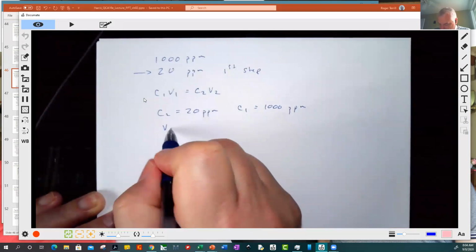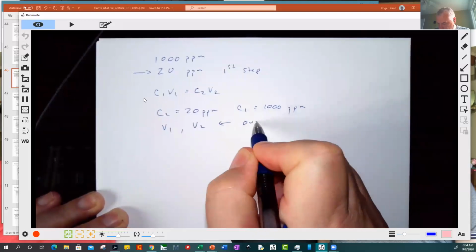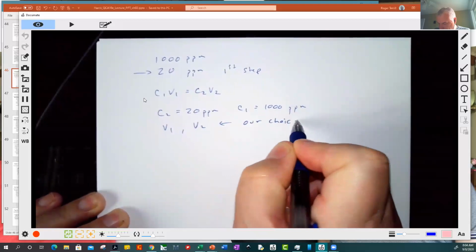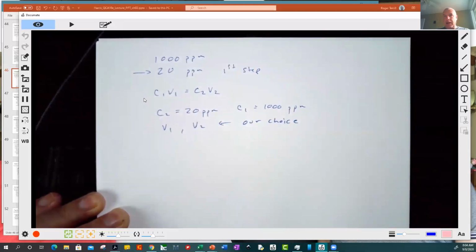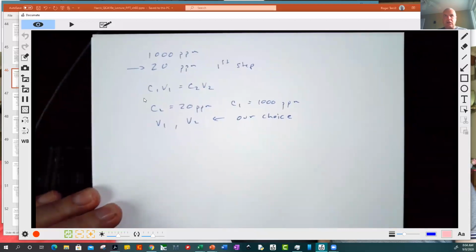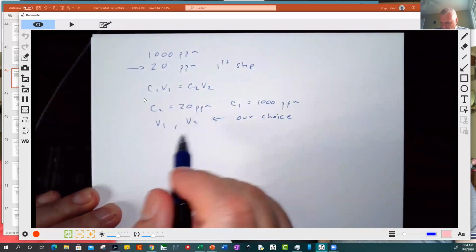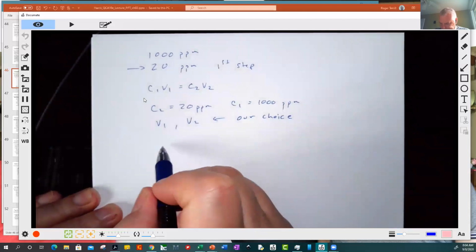And then V1 and V2 are both our choice. This is where a lot of folks get hung up, because it's too many choices. It's not like a single equation where you can just solve for x.